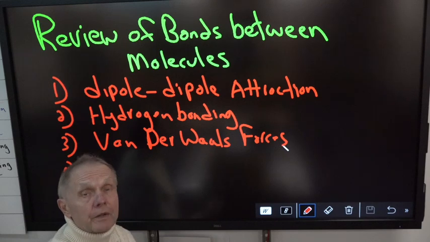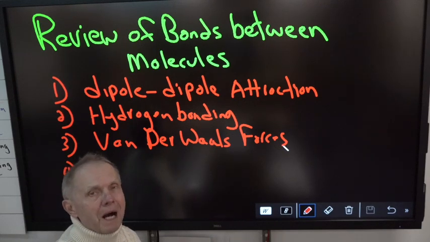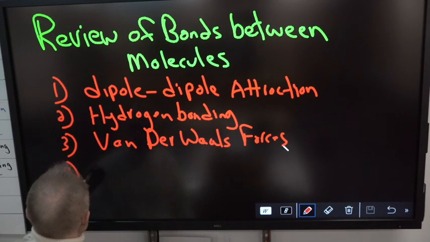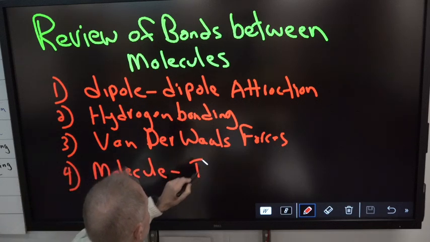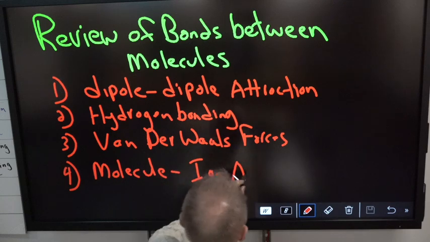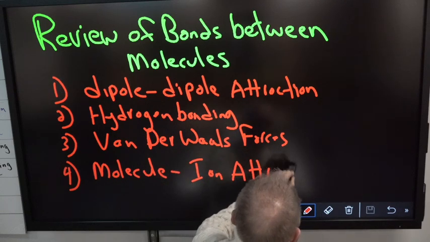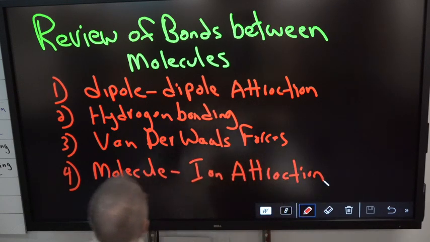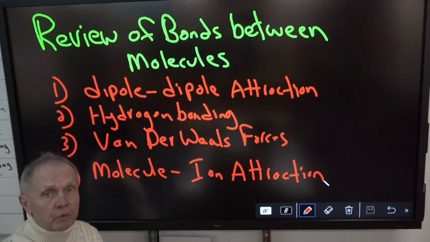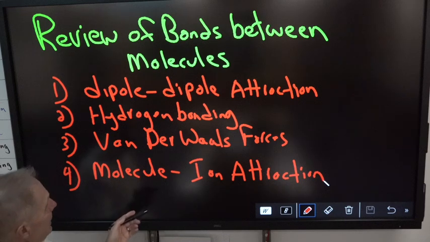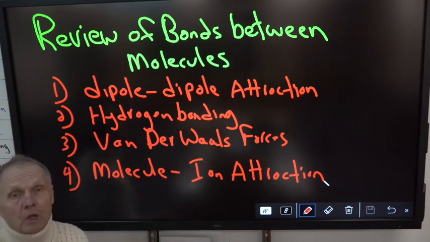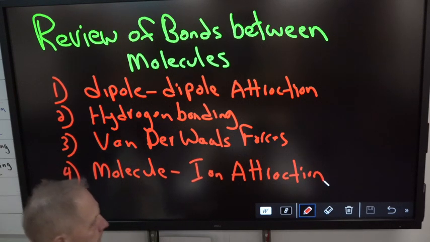And the final one, the one we're going to start out with, is called molecule-ion attraction. So these are the four bonds between molecules, okay? And like I said, we'll go over all of them, and we're going to start with molecule-ion attraction first.